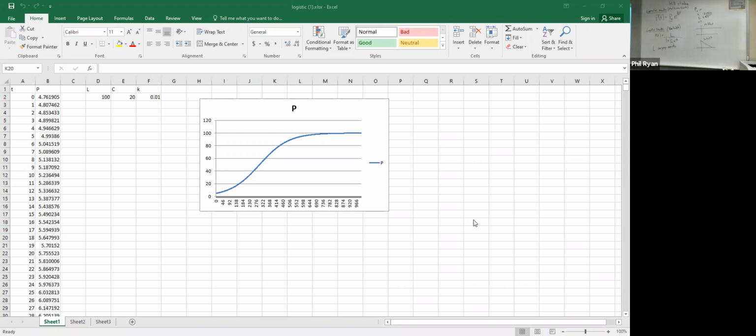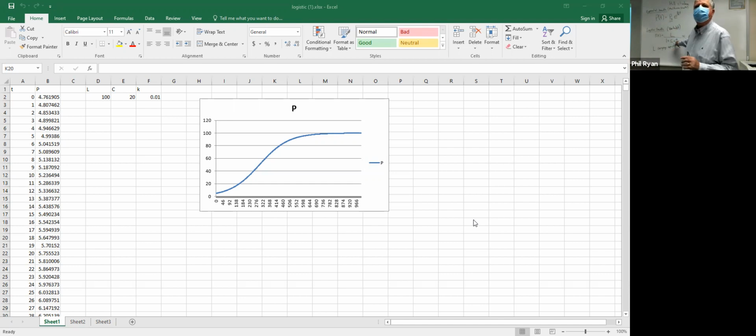K here turns out to be the growth rate. When the population is small, you can approximate this to some e to the kt for population small.